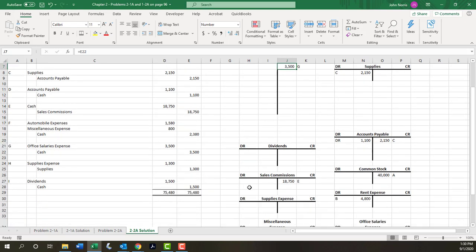Supplies expense is H. And then lastly, dividends is I.